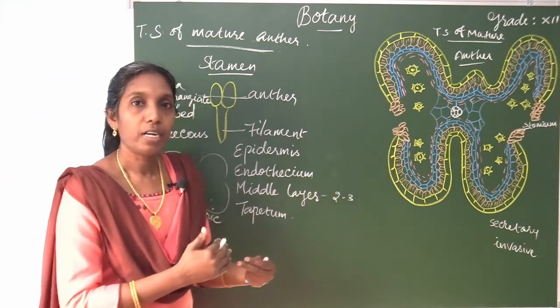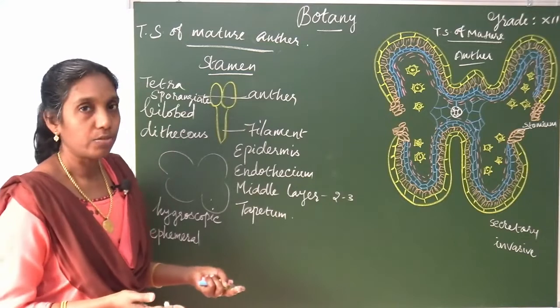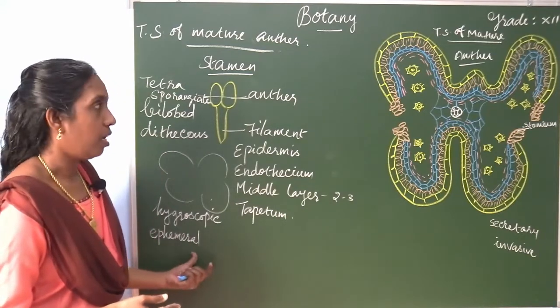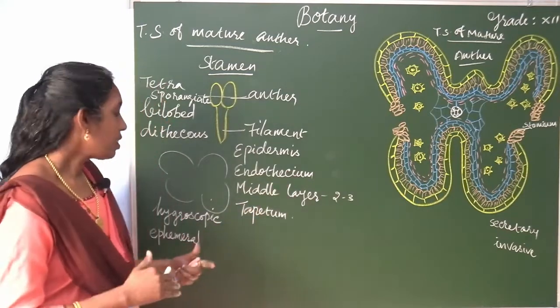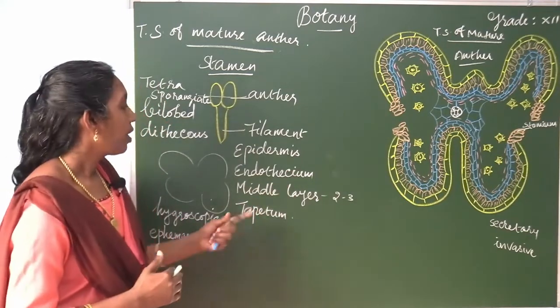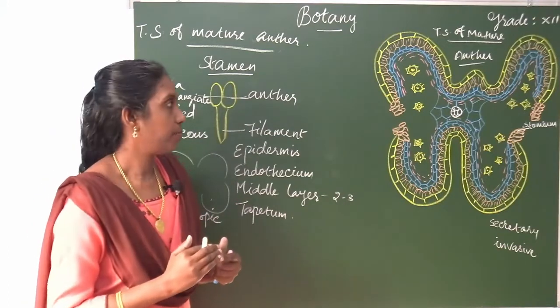It is not permanent. That is called ephemeral. So the middle layer is ephemeral. The endothecium is hygroscopic, and the middle layers are 2 to 3 layers.